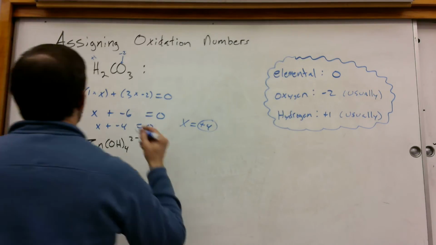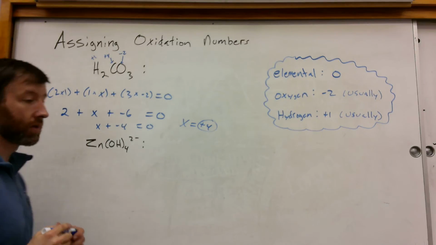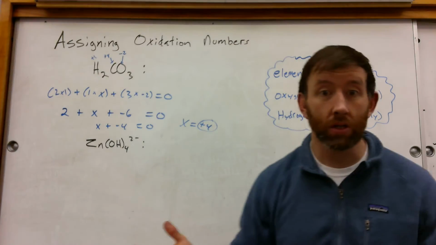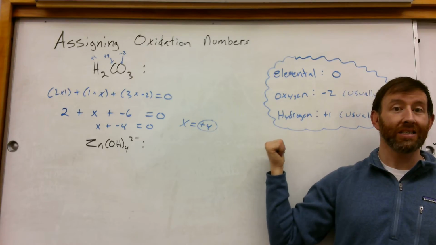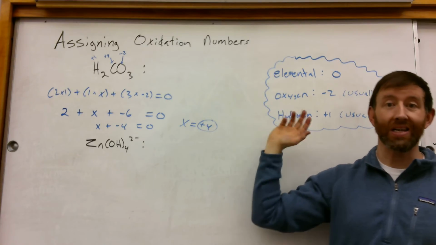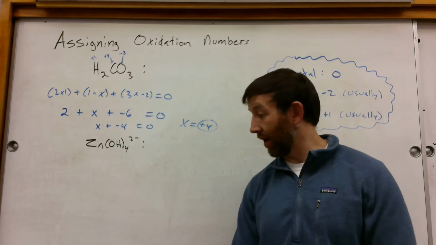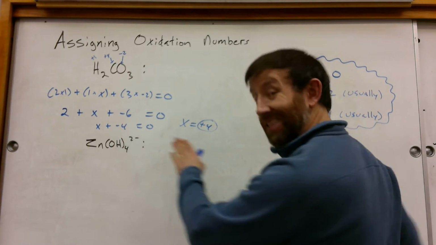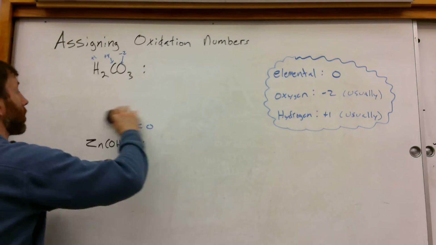So in this case, my oxidation number for carbon is +4. All right, see how that works? So again, we take our easy to assign oxidation numbers, we use those to then calculate those that are not so easy to assign. Simple enough. All right, I'm going to erase this mess here so I can tackle the next one, which is slightly more complicated.